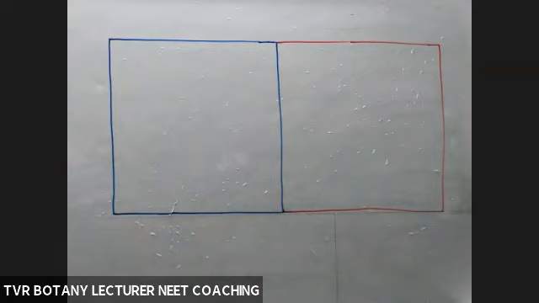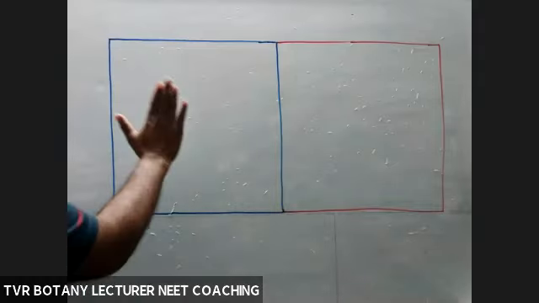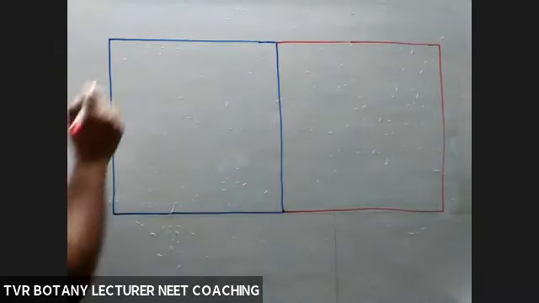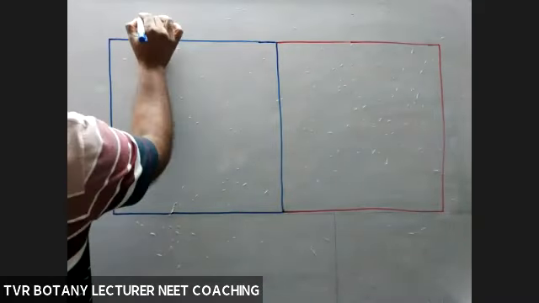Two kinds of cells. In the case of C3 plants, only one kind of cell is enough. All the reactions of the C3 cycle and synthesis of glucose, the entire dark reaction, is within one kind of cell only, the mesophyll cell. But here there are two types of cells: mesophyll, and the second one is a bundle sheath cell.